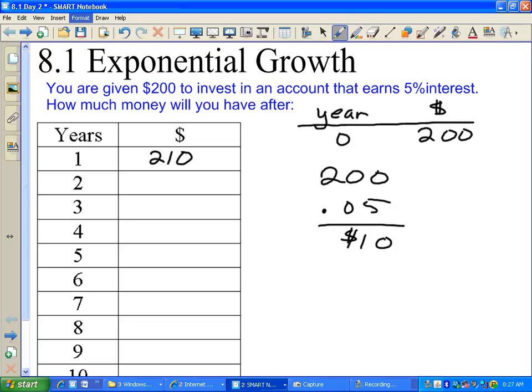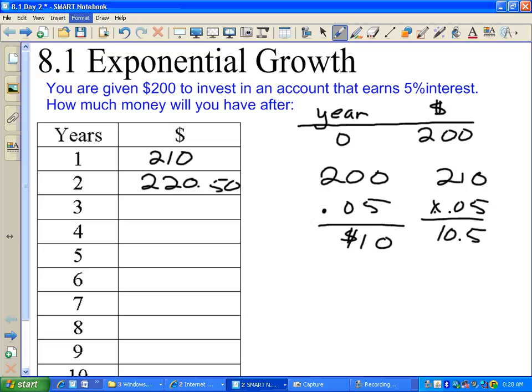Now the way compounding works is, for my second year, I want 5% of 210. So I'm going to take 210 and multiply that by 5%. And what do I get? $10.50 for a grand total of $220.50.